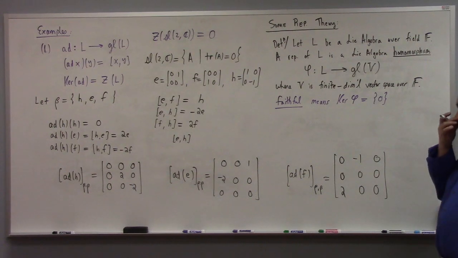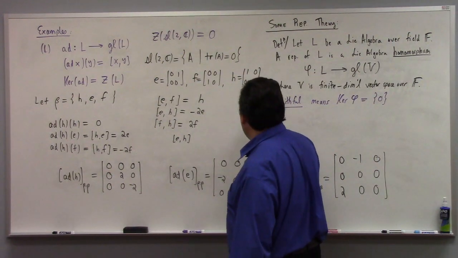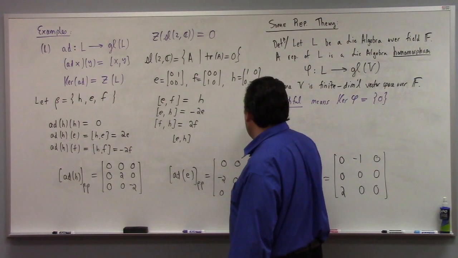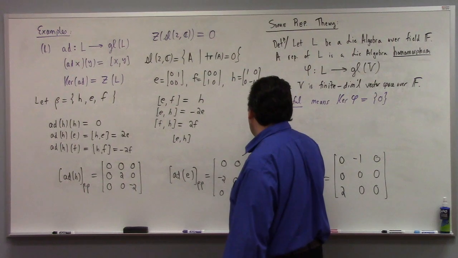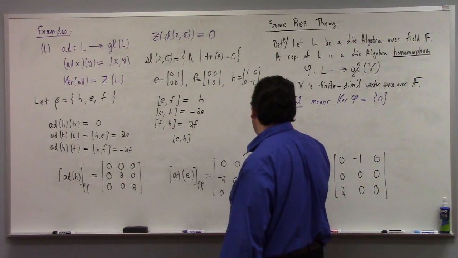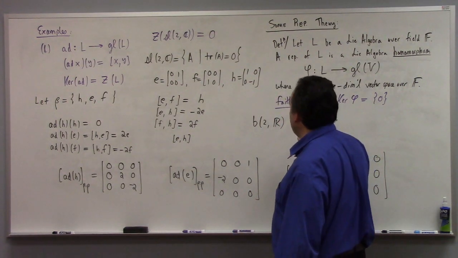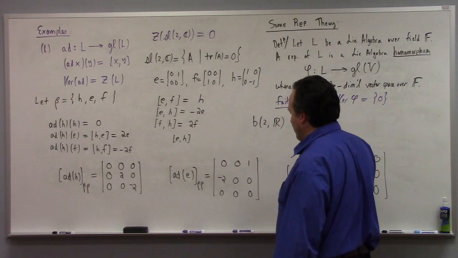So if we were to look at this idea, for example, with B2R or something like that, then I'm not saying we'd look at the adjoint for that.